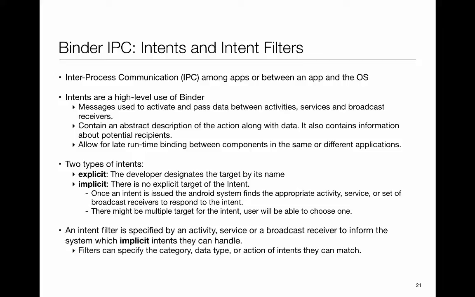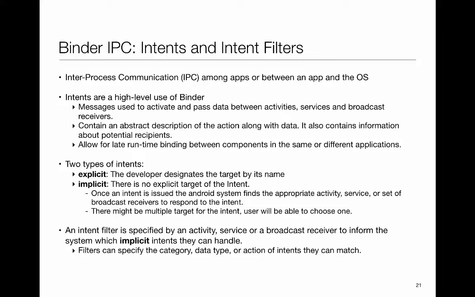This is where you don't have any explicit target of the intent, but you can specify some action strings in the intent so that later on, anyone with the same actions could receive the intent. Each of these types of intents has some actual usage scenarios in Android.